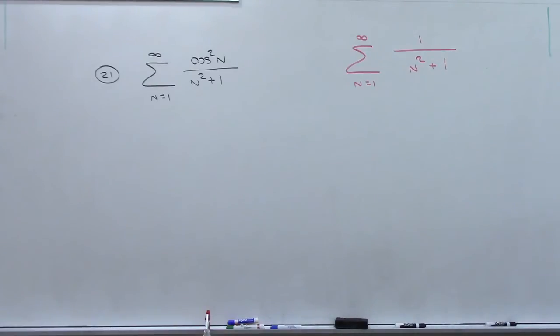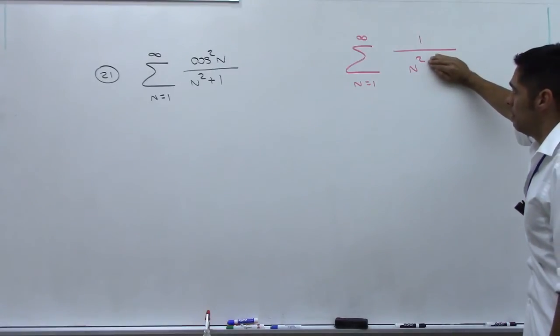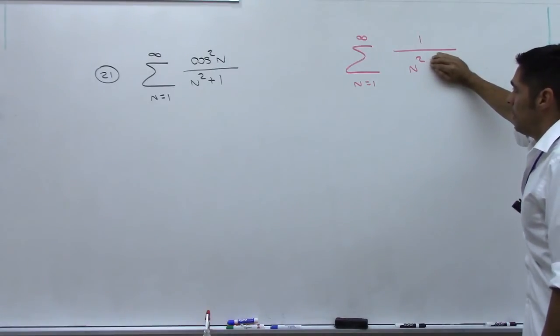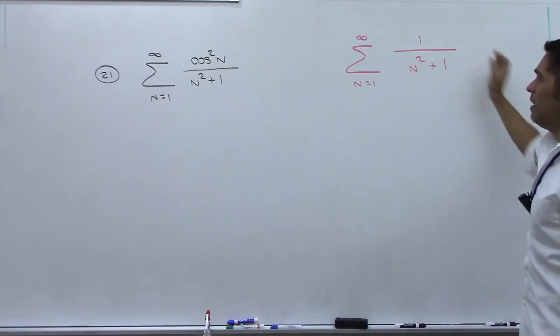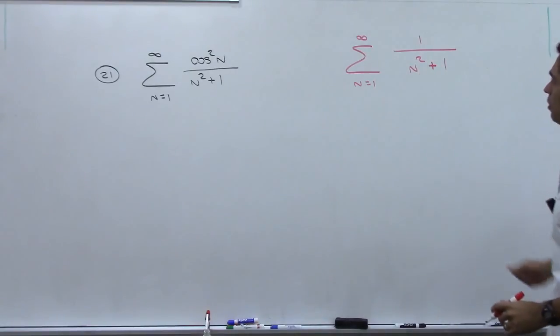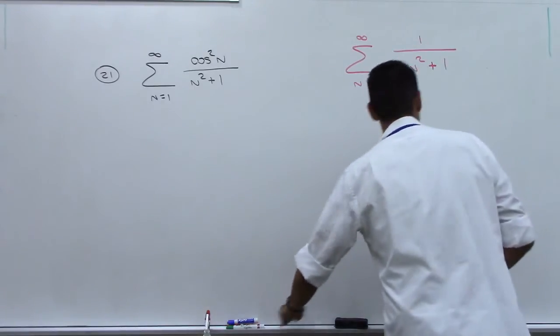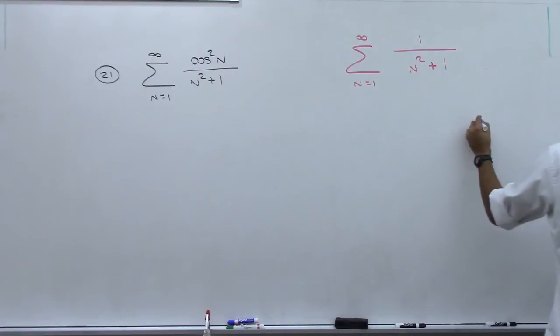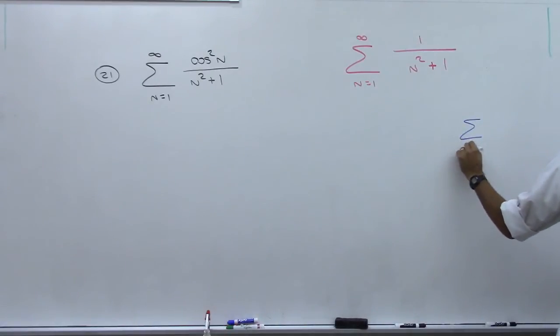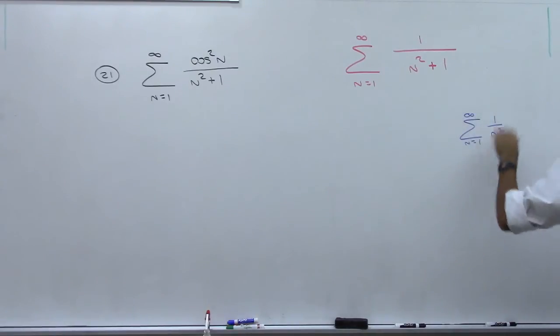So what is this? You'd have to know what this is. Well, if that wasn't there, that's a p series, and that would be p being 2, and that would converge. Adding 1 to the bottom is not going to change the convergence. You could check this for yourself, by doing a comparison of this to this and figuring out from a comparison test that this converged and that converged.